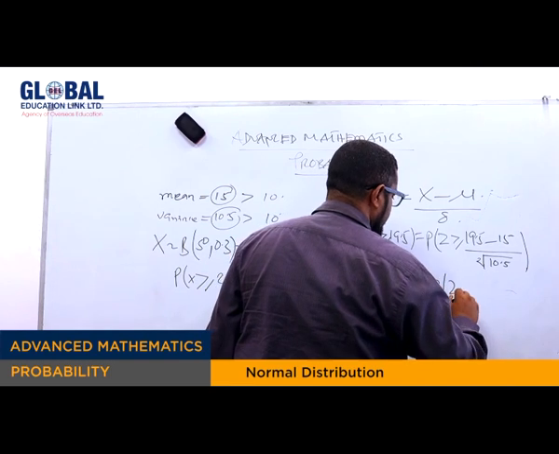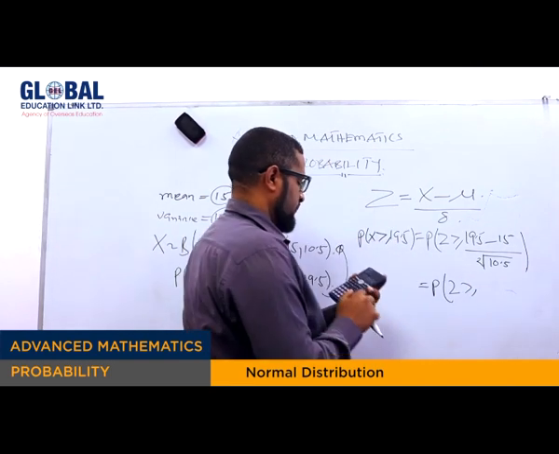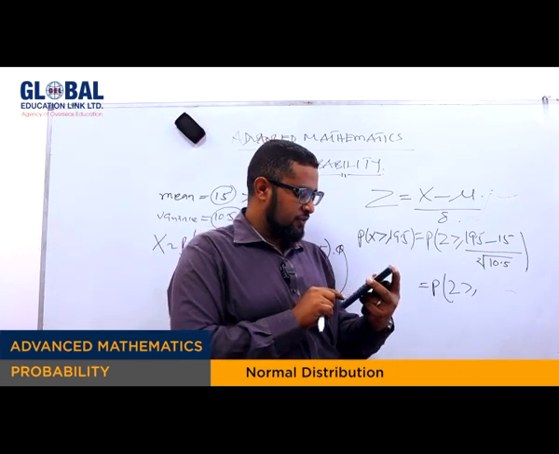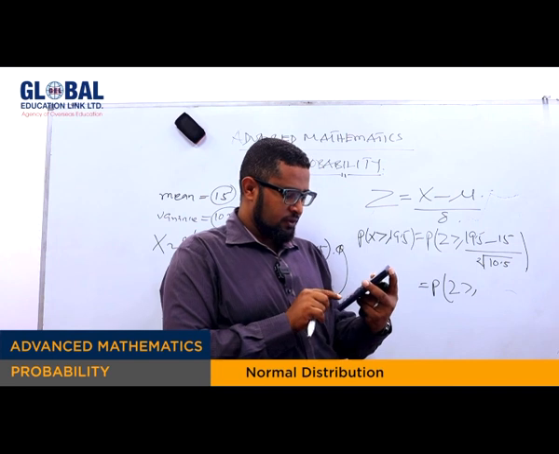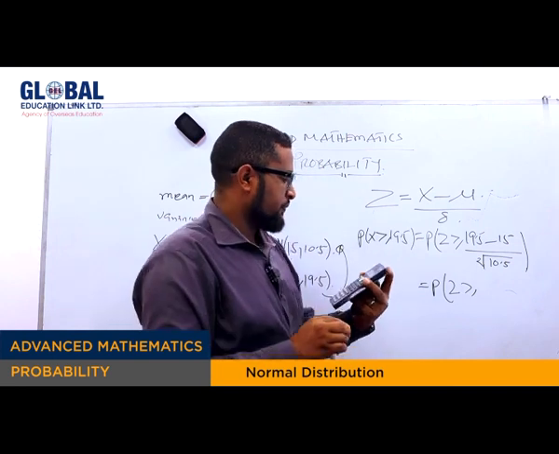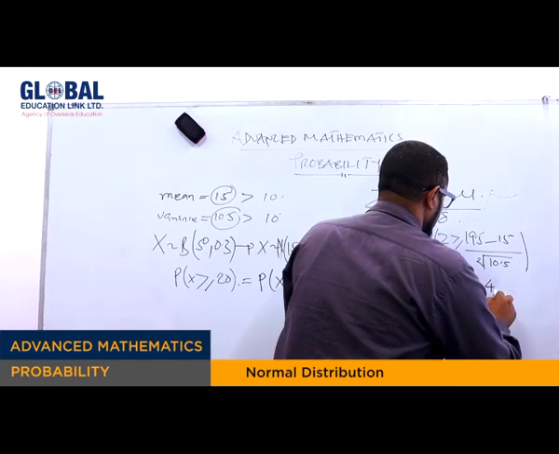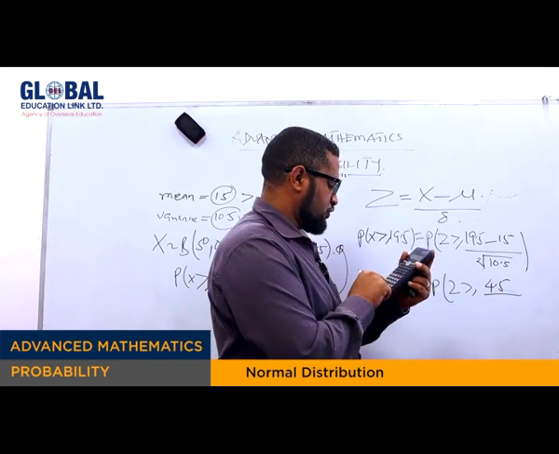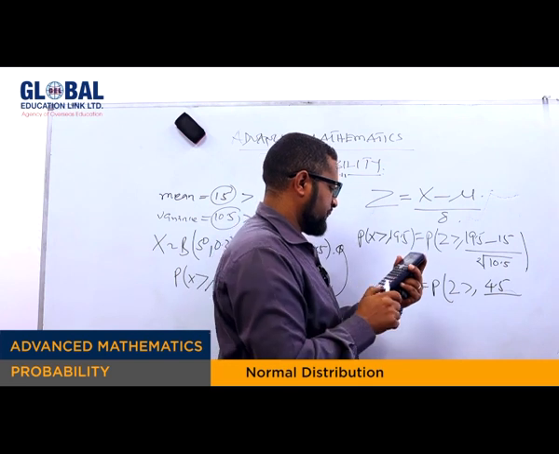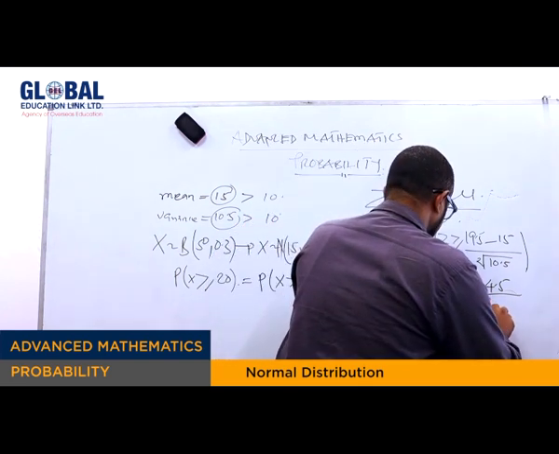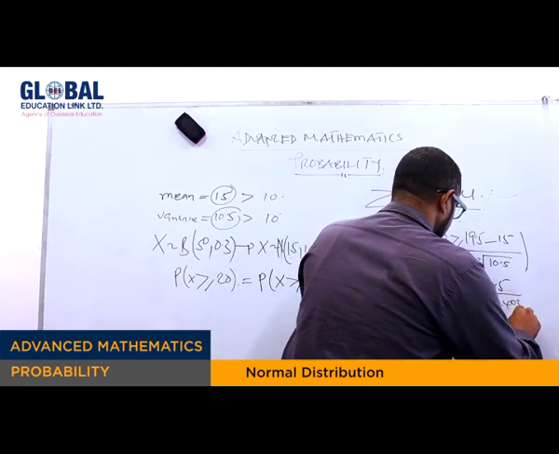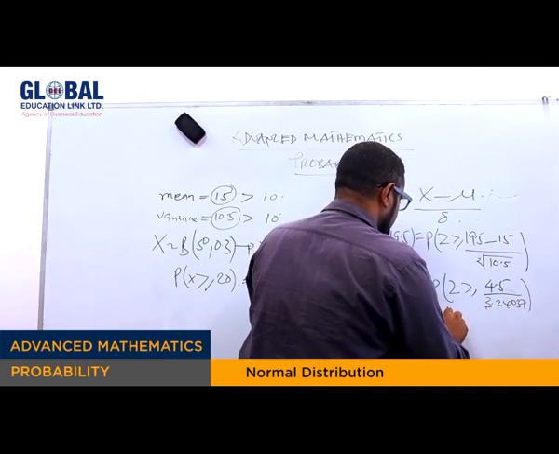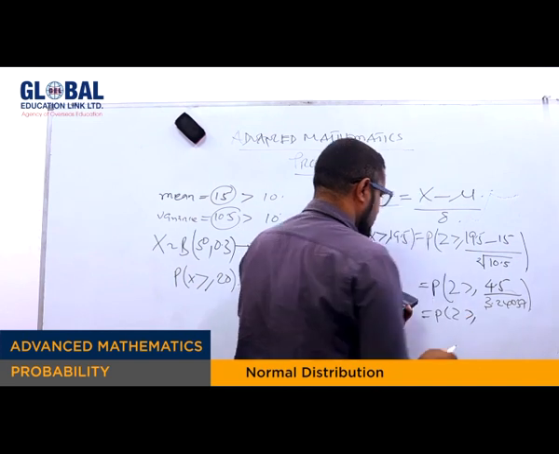So probability of Z greater than or equal to, use your calculator, 19.5 minus 15. Yeah, you get 4.5 divided by the root of 10.5, which is 3.24037.